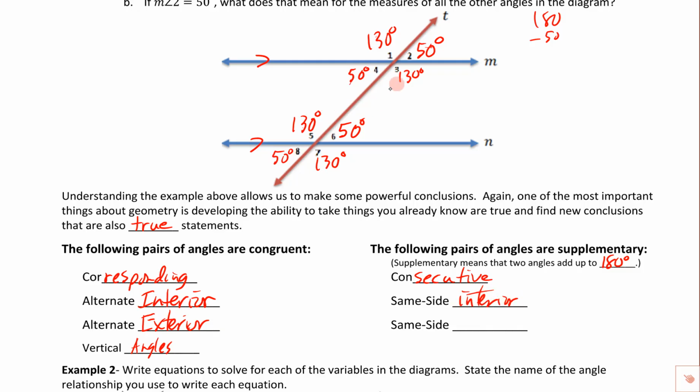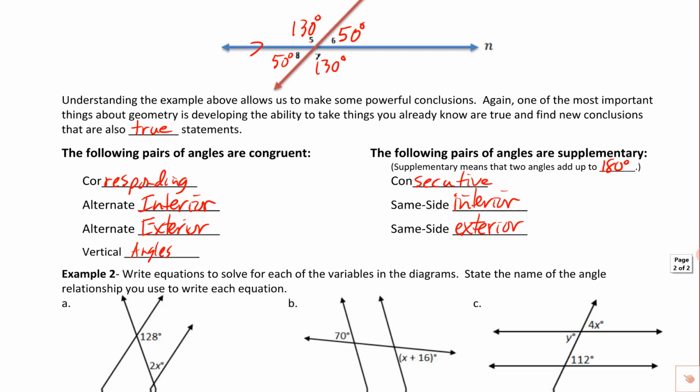If they're on the same side of the interior, that's a more fancy way of saying consecutive. So interior, and same side exterior. So if we did the 50 and the 130 and the 130 and the 50, same side interior and same side exterior, they are all supplementary. So that means they add up to 180 degrees.